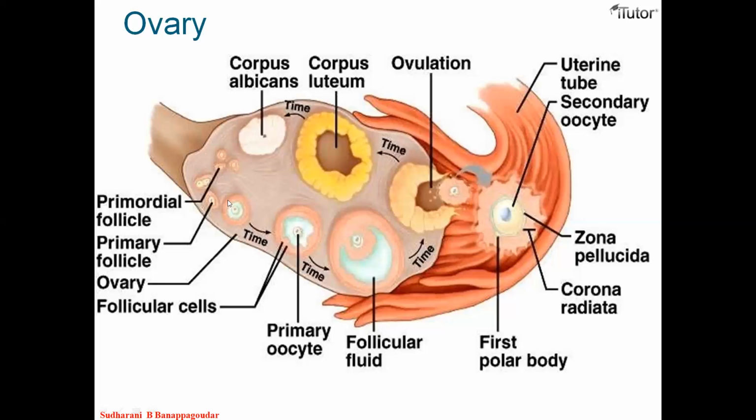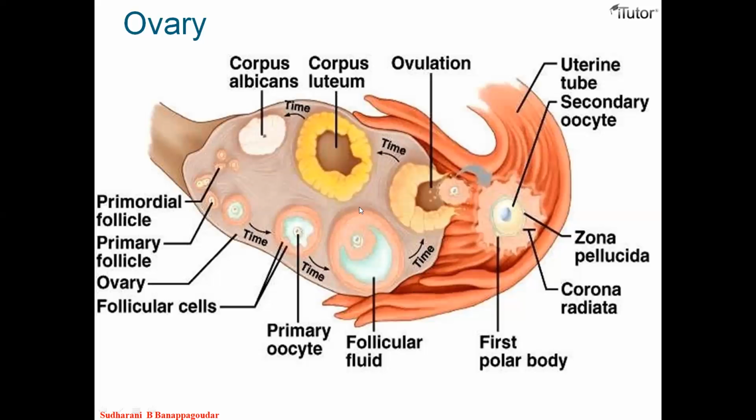From the primordial follicles, they become the primary follicles. From the primary follicles, further, when time has passed, they become the primary oocytes. When the primary oocytes start maturing, they become follicular cells, in which there is some follicular fluid. There are cells known as granulosa cells.